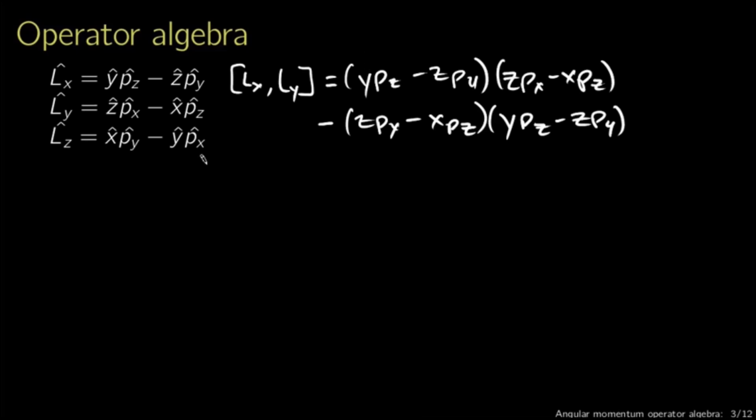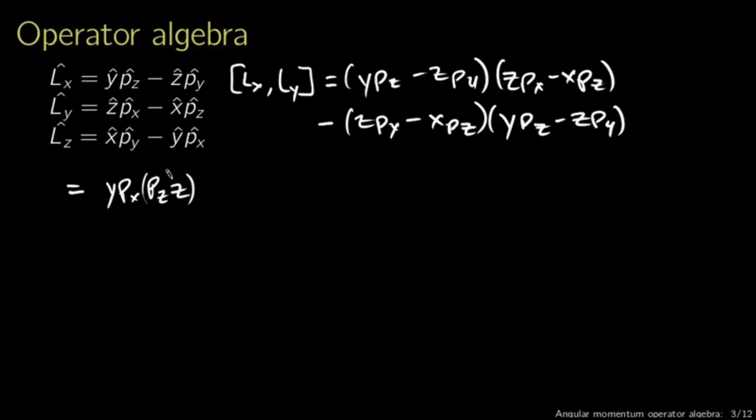What you end up getting for that, then, is something like this. I'll start at the left. This is going to be a kind of long and annoying expression. Apologies in advance. We're going to get a y, px, pz, z. So y, and I have to keep the pz and the z in order, and I'll put the px on the right, for instance. Actually, I'll save a simplification step here. I'm going to move the px to the left because I can do that. px commutes with pz and z, and just write pz, z.